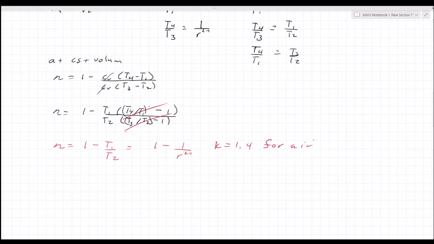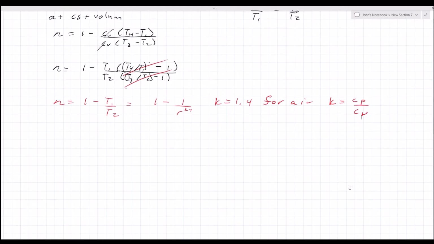And what is K? Well, K is the ratio of specific heats. K is the specific heat at constant pressure divided by the specific heat at constant volume.